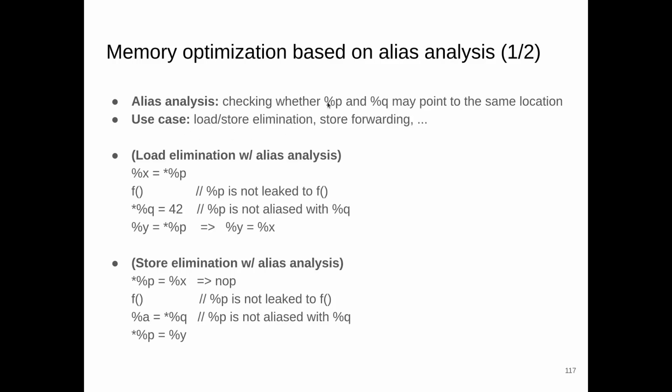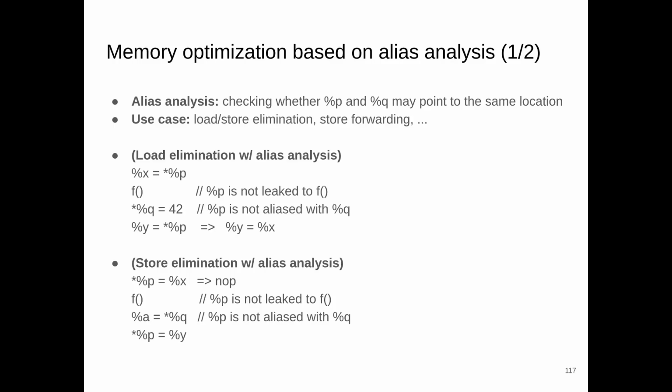Suppose P and Q are pointers and they may point to the same location. Then storing to Q may interfere with the value stored in P. If that is the case, we don't want to perform optimizations because it may break correctness.